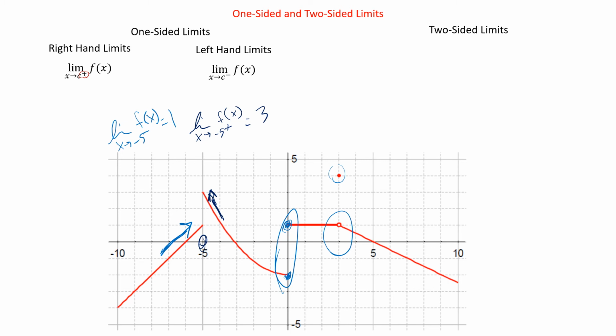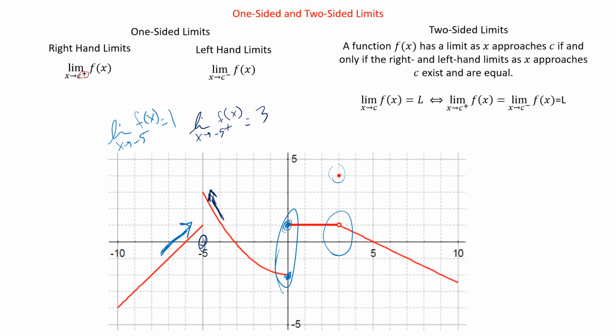Two-sided limits. A two-sided limit is the limit. That's like the normal limit. And it exists if and only if both of the one-sided limits exist and are equal to each other.